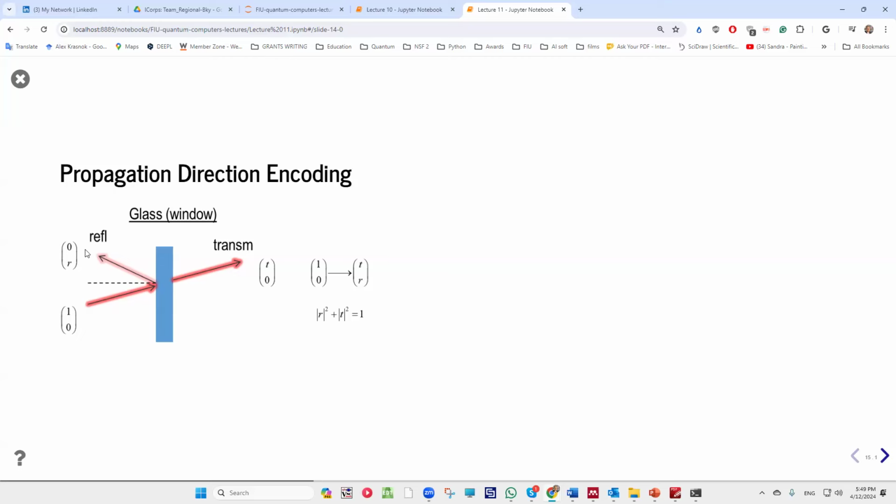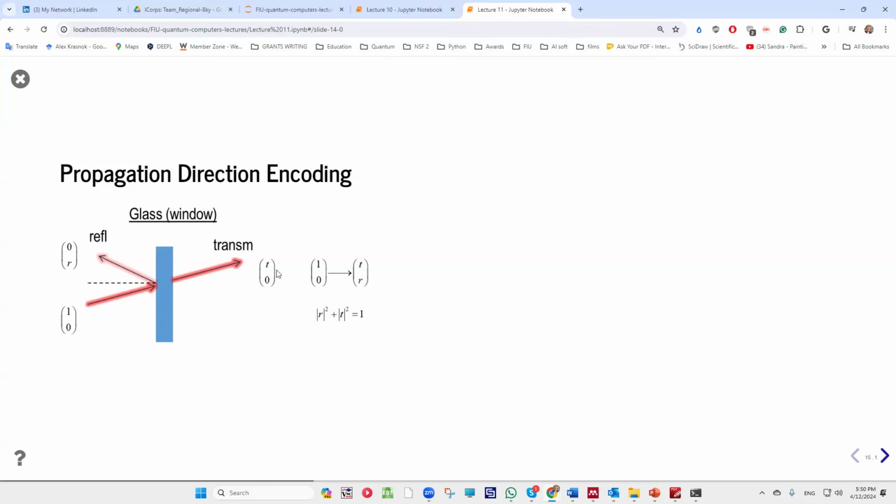When we measure it, we can say, yes, the photon reflected. Or if we detect the photon here on the right side, we say, oh, the photon passed through the glass. But before the measurement, we have to consider these two opportunities at the same time, simultaneously. You can consider this as a photon coming to the piece of glass, and then the piece of glass creates two opportunities of photons, or two clones of photons.